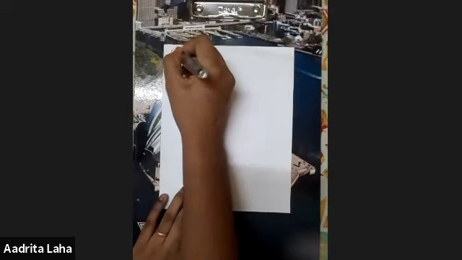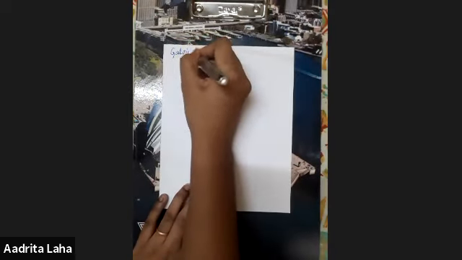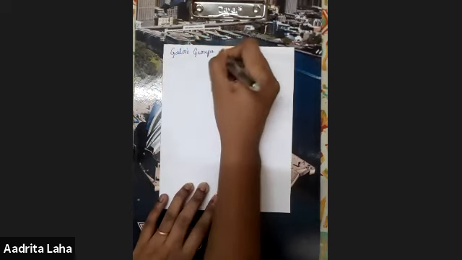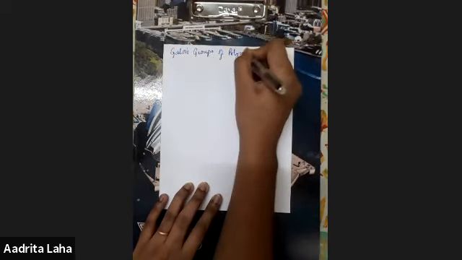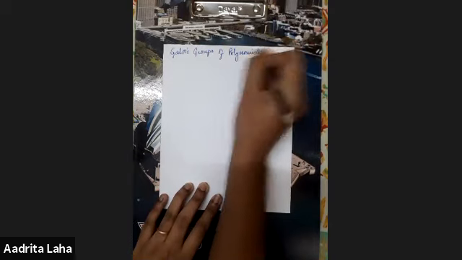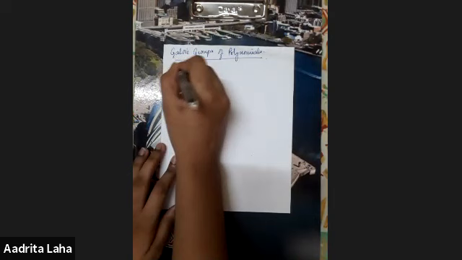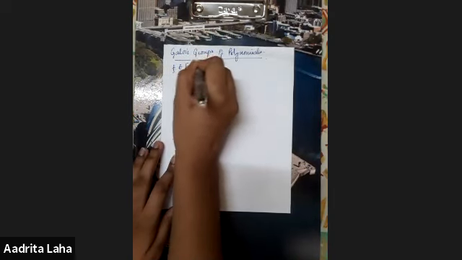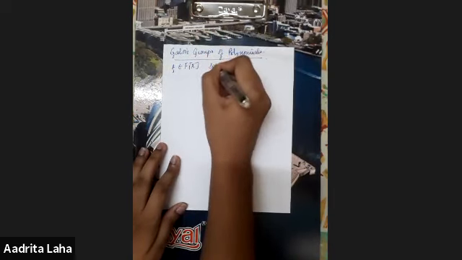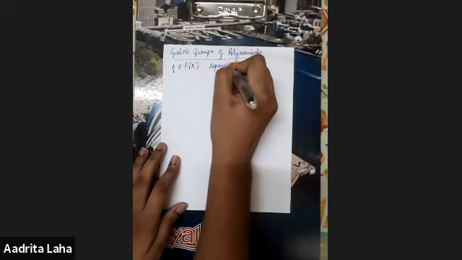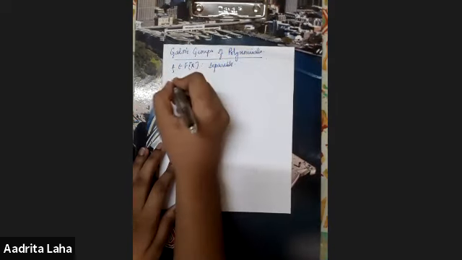So first, we will look at Galois groups of polynomials. So what are these? We take a polynomial f in F[x], and f is separable. Then we take the splitting field.